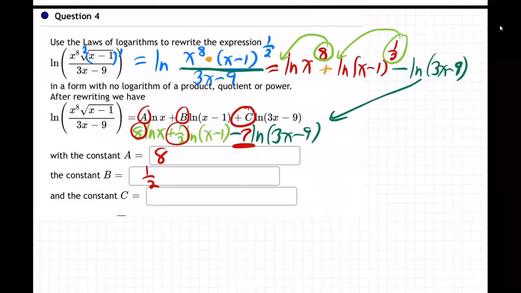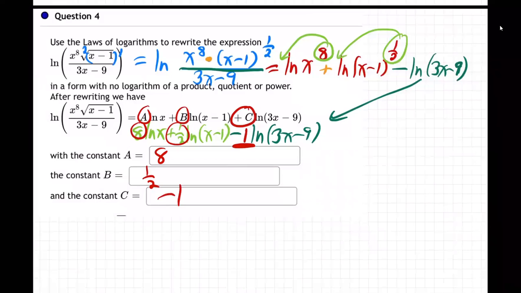No, because that's different. 7 times natural log is totally different. But what number could I put? A 0? No. 0 times the natural log would make the whole thing 0. That certainly changes it. It's a 1. Because 1 times it doesn't change anything, does it?